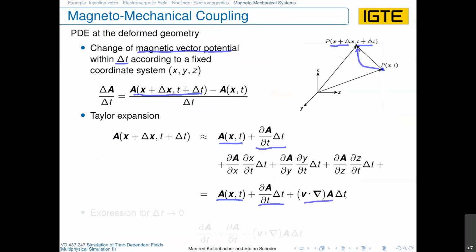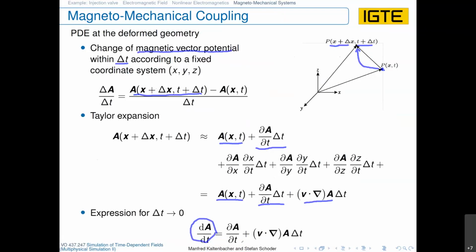Now we can divide this by delta t, substitute it here within our equation, and we let delta t go to 0. And what we get then is the total time derivative, as shown here, of the magnetic vector potential, which also includes that each material point is changing in time.